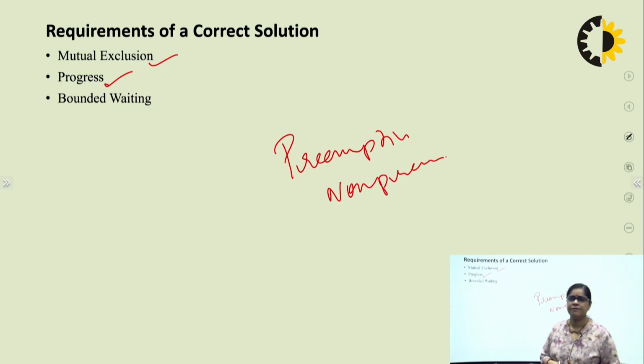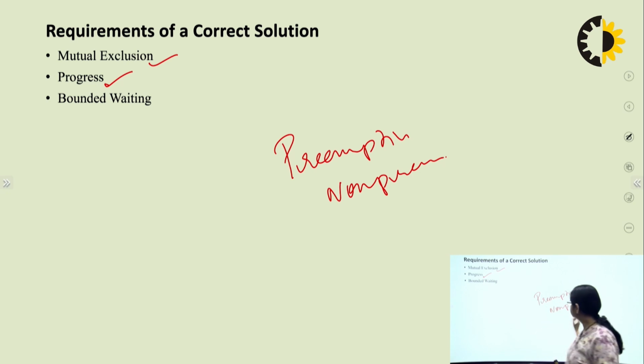What do we mean by preemptive? If a process has started its work and suddenly an interrupt comes, process X will stop and wait, and when the interrupt is cleared, process X will resume from the point where it stopped its work. That is the preemptive mode.